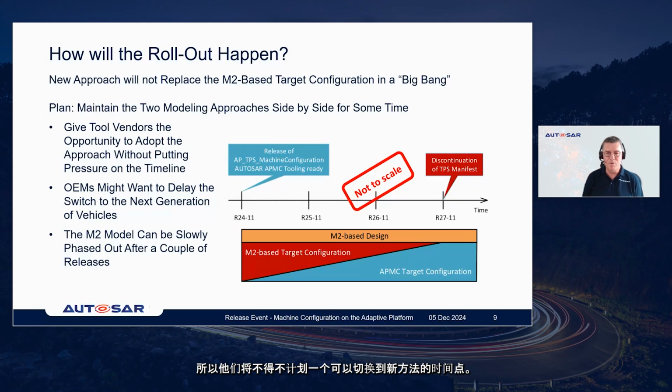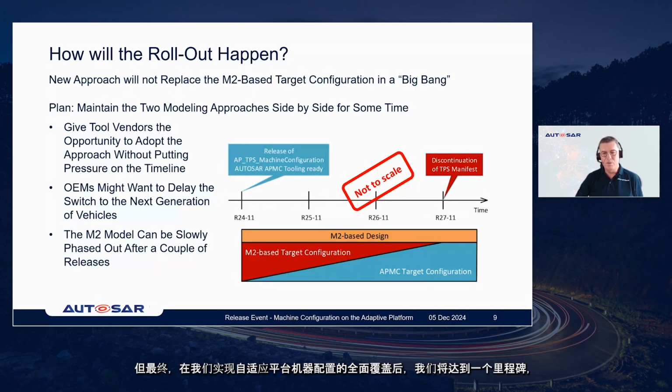So they will have to plan a point in time when they can switch over to the new approach. And in the meantime, they can get familiar with the new approach and gain some confidence in what it can deliver. But in the end, after we reached a full coverage of APMC, we will reach a milestone in which the TPS manifest is no longer needed and can be discontinued.